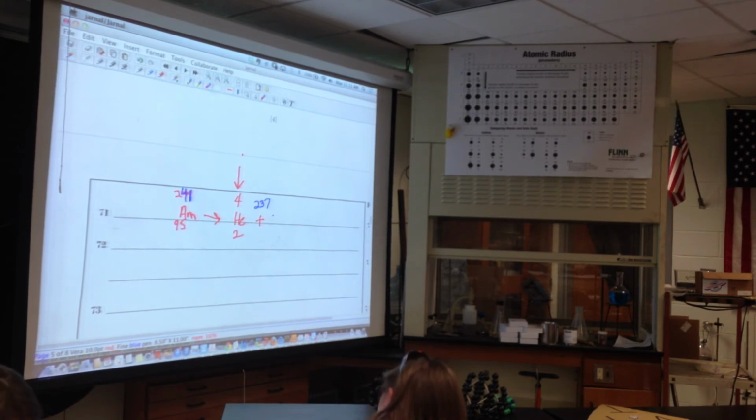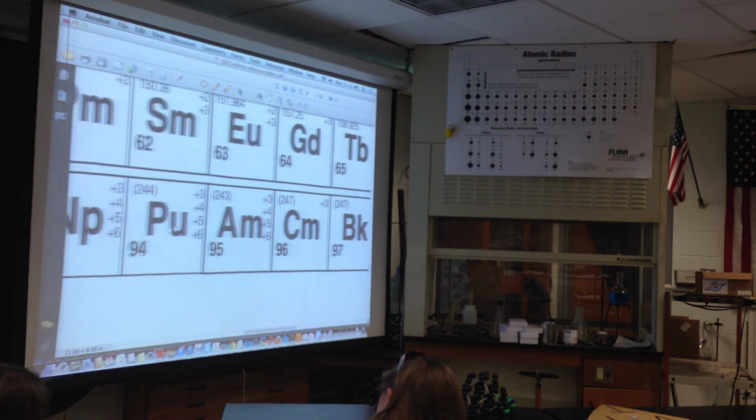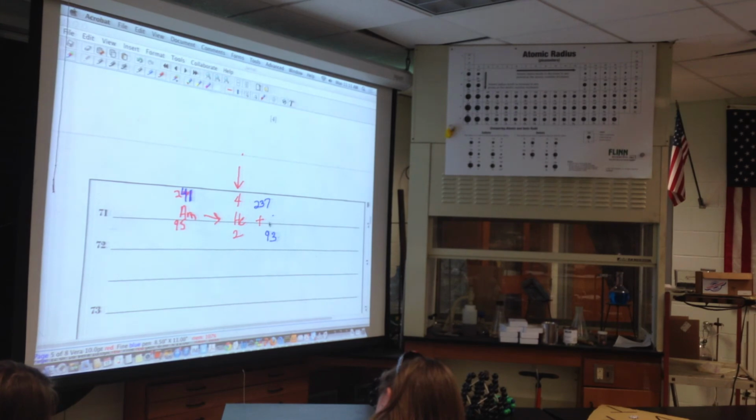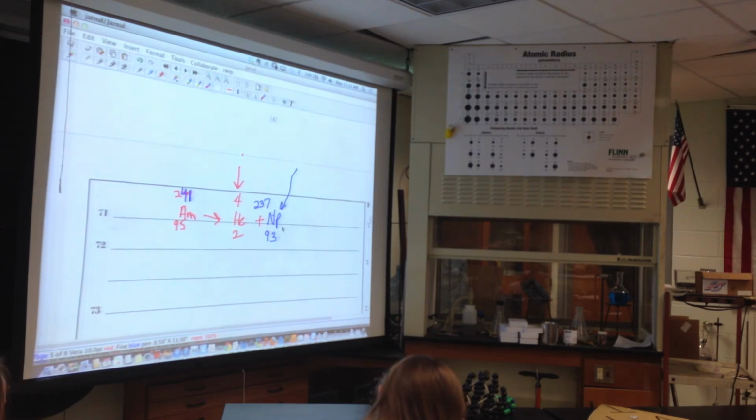What number plus 2 is 95? 93. Who's atomic number 93? Neptunium. That's 2 points right there. They're going to give you a point probably for the correct element, and then for the right numbers here. This is a 2-point question. You need to be able to write nuclear equations.